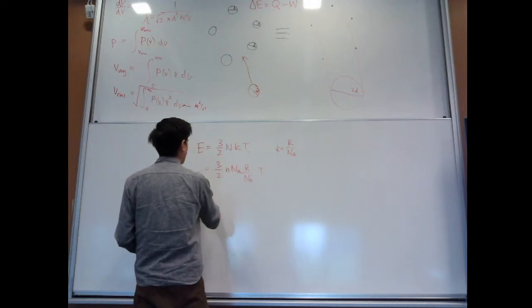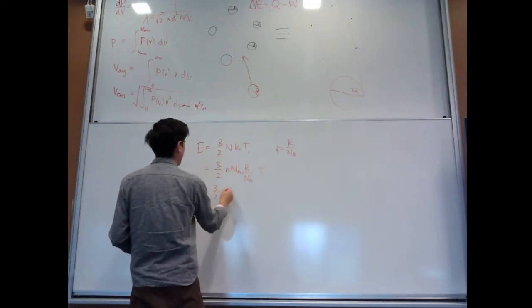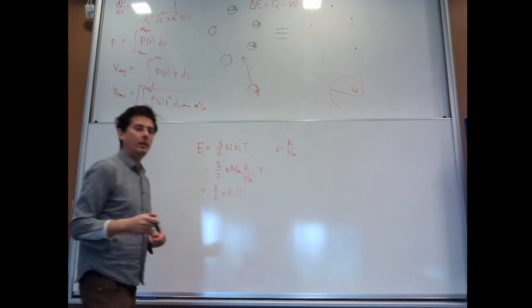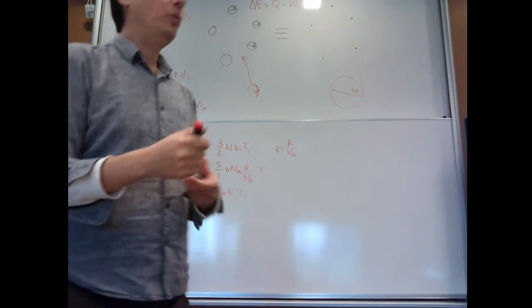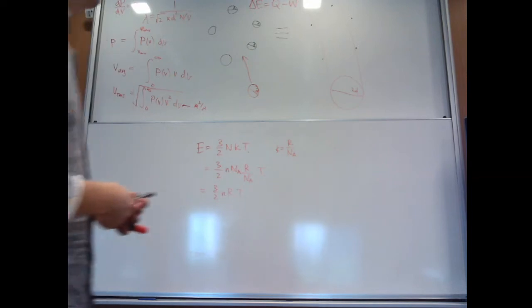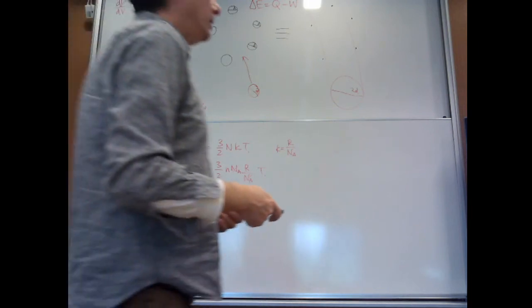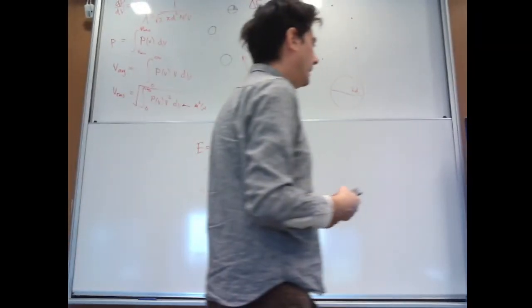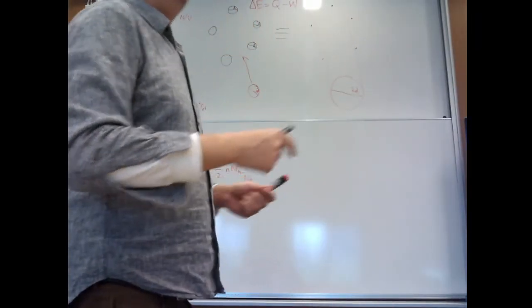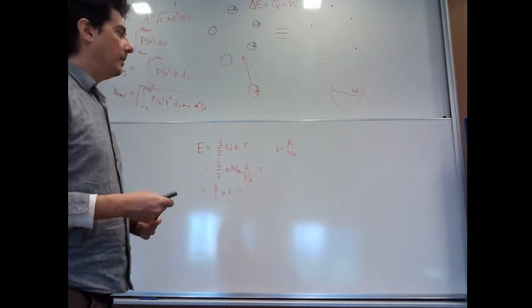So these N_A's cancel, and we get 3/2 nRT. So we can write down an actual formula for the internal energy. And we can make the same point as before, that the internal energy of a gas is only dependent upon the temperature.